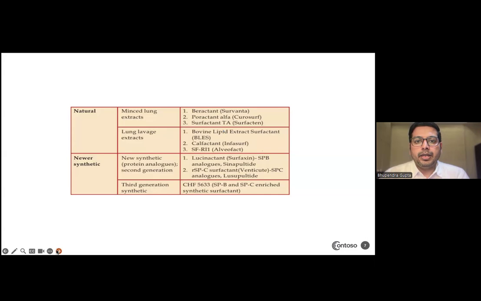The common mixed lung extracts we use are Beractant, which is Survanta, and Poractant alpha, that is Curosurf. The common lung lavage extract used in clinical practice is bovine lipid extract surfactant, which is Neosurf. Another lung lavage extract is Alveofact. The newer synthetic surfactants are second generation Lucinactant, and Venticute, and the third generation is CHF 5633.